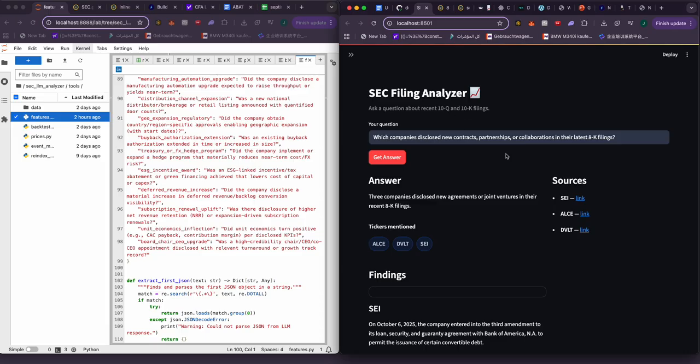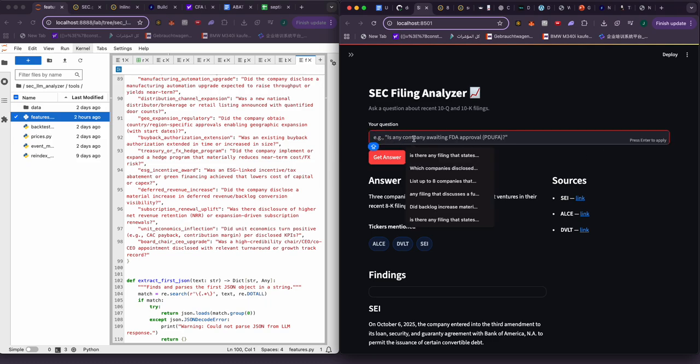As you can see, I've made an LLM, a language learning model, just for myself, using a database I created on Pinecone that has SEC filings. Right now I can ask this SEC filing analyzer any sort of question.